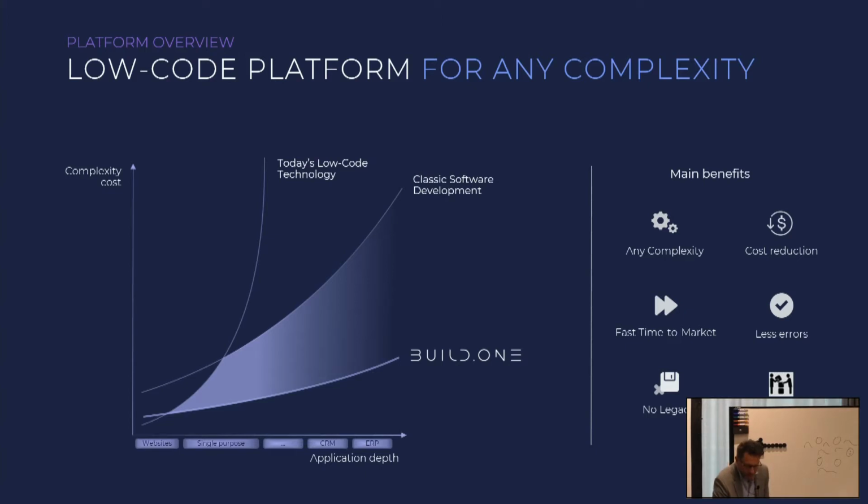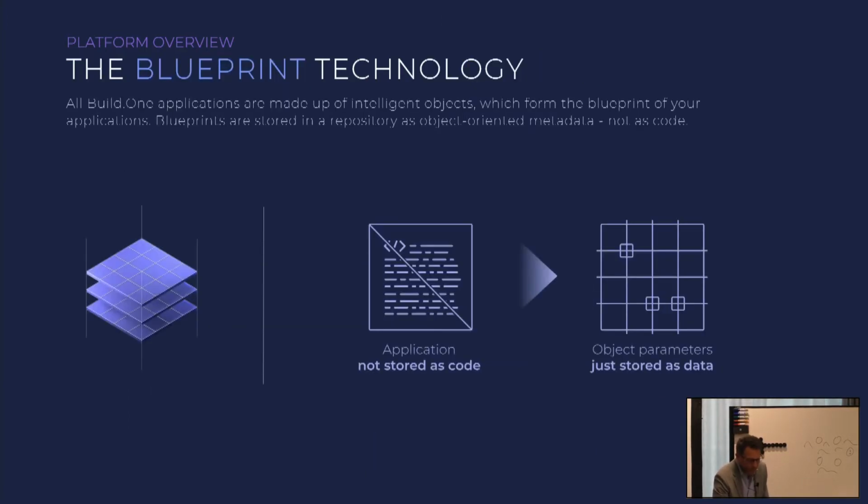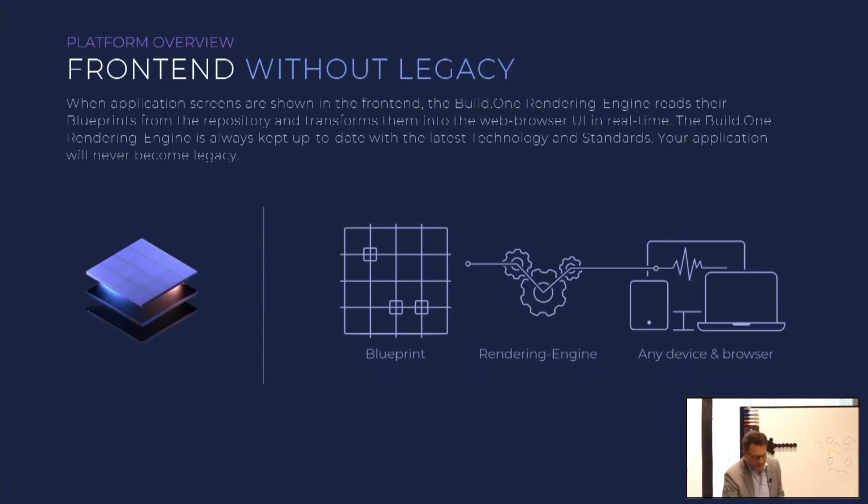Not going into this in detail, I think you're more interested in the whole Docker topic. Very quickly, the idea of the Build.One platform is that we store everything in repositories. We call that a blueprint, and we don't generate code. At runtime in the browser, we have a rendering engine that we developed, which gets that blueprint, the description of your application and of your screens, and renders it in the browser.